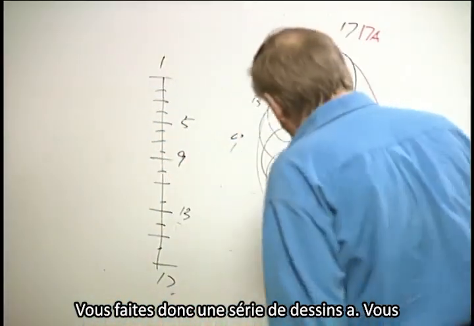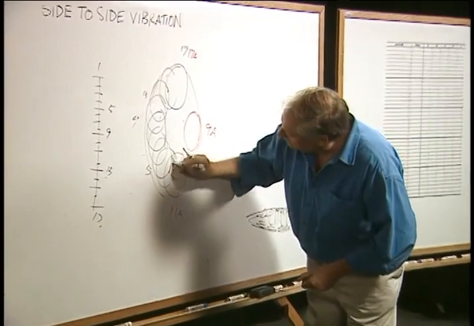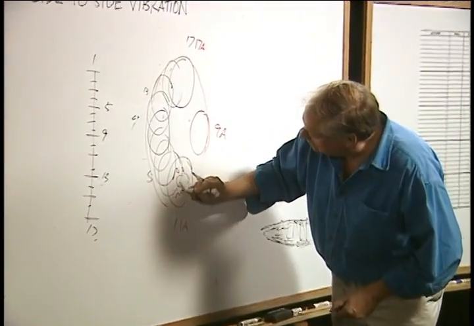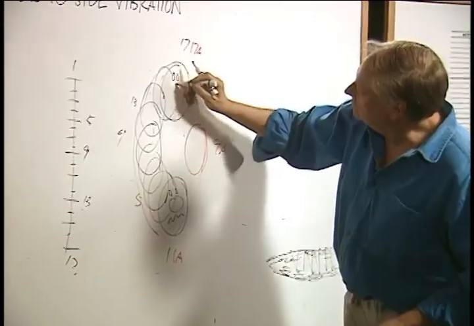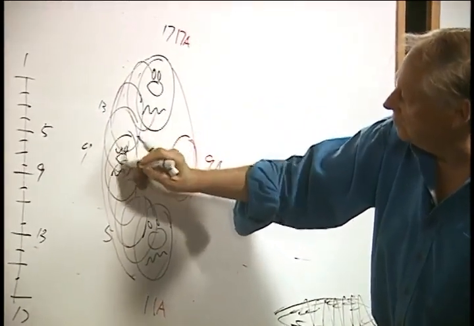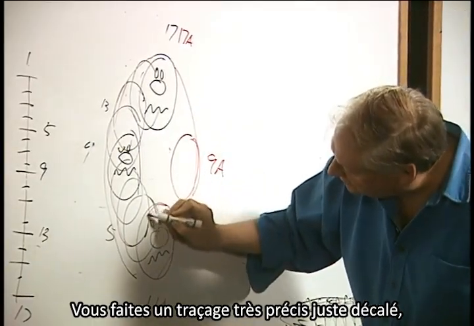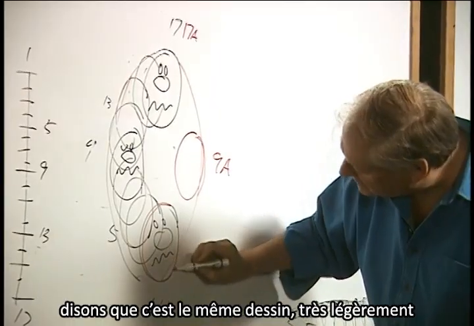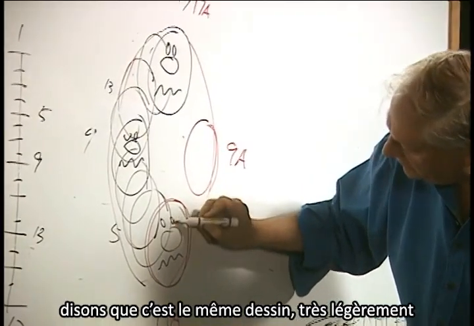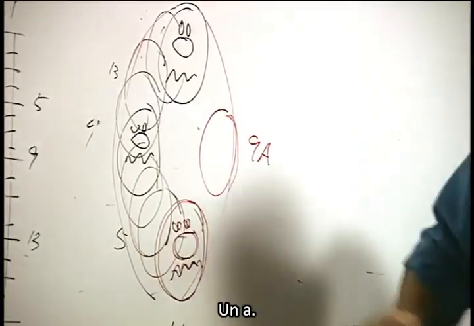So you do a series of A drawings. You trace. This is a face. You do a very careful tracing, just offset of the same. It's the same drawing, very slightly offset. 1A.